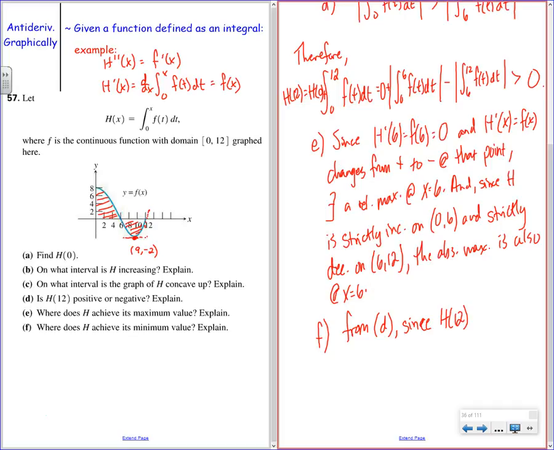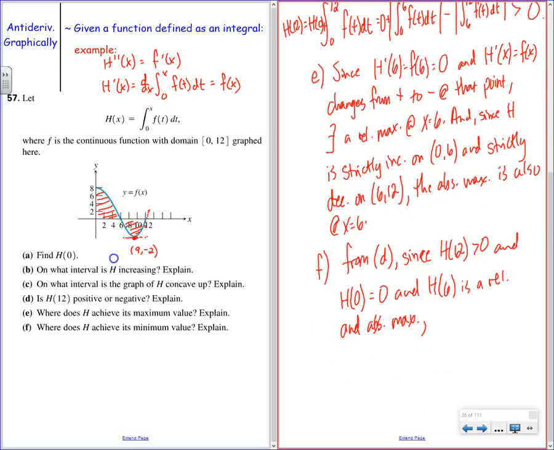It's greater than what, 0? And H of 6 is the absolute max.